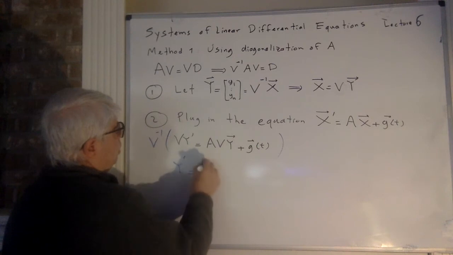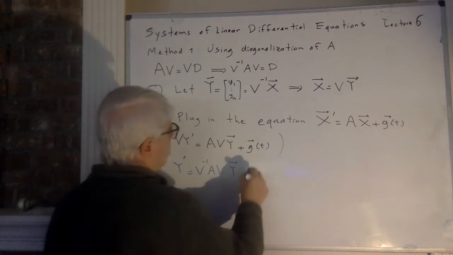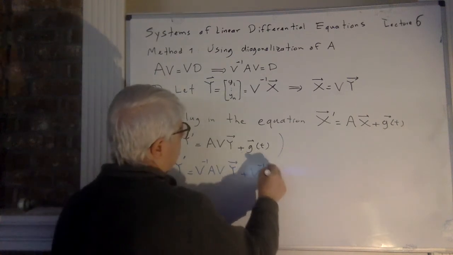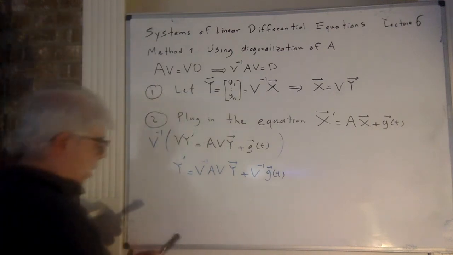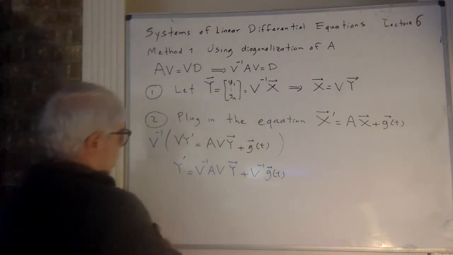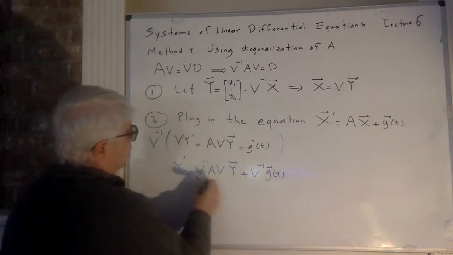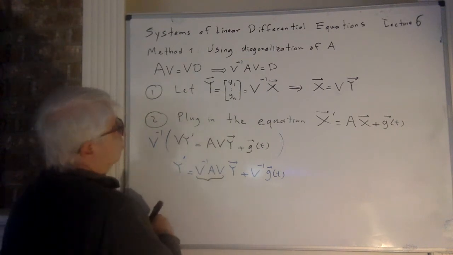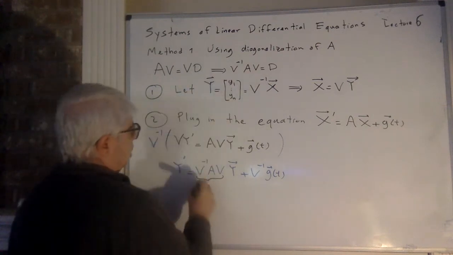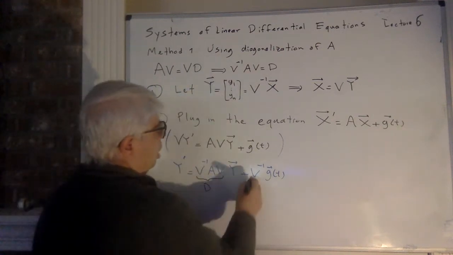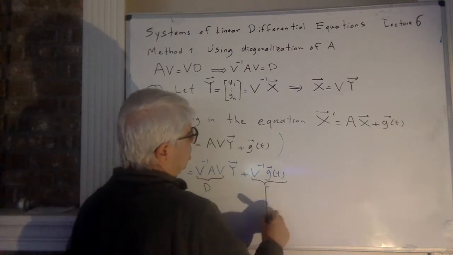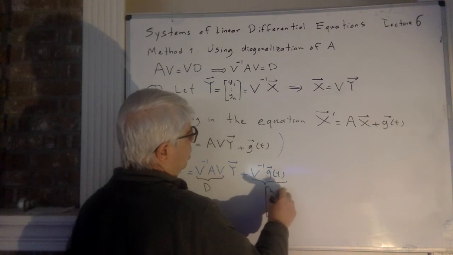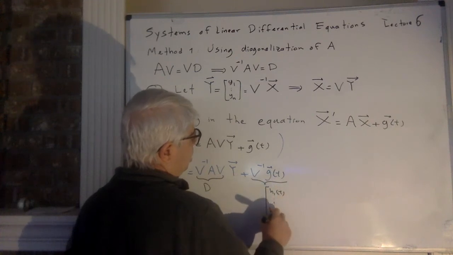So I have V inverse A V Y plus V inverse G(t). Now I know that this one is D from here, and this is just another vector of functions, h1(t) up to hn(t).